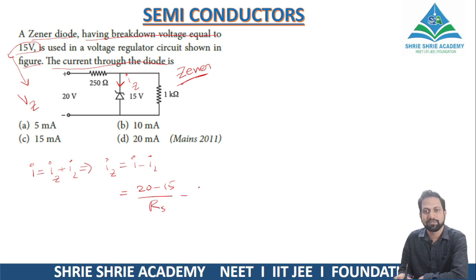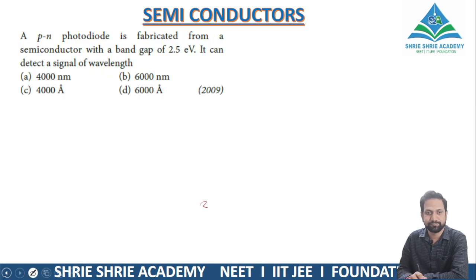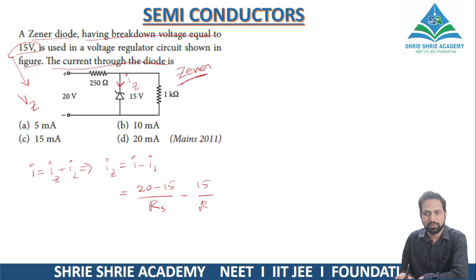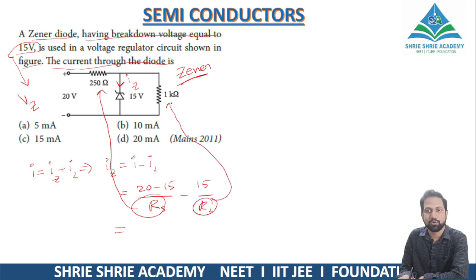Load current is Zener voltage divided by load resistance. The series resistance is this 250 ohms. Load resistance is this one, 1 kilo ohm. Substituting here, trust me, you will get 5 milliamperes as the answer. This is the Zener current.